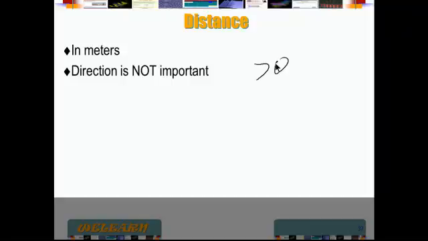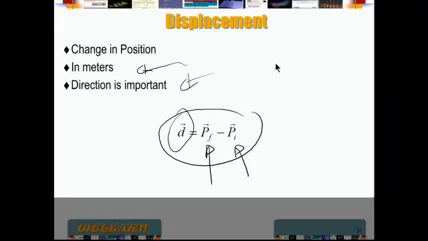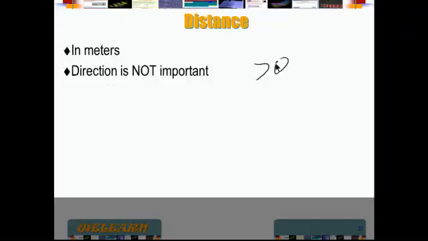We might refer to it in our description, but distance is going to be mainly used to give us the magnitude of a displacement. But by itself, a distance, since it is devoid of direction, is not going to be as useful for us to predict things and to make calculations.